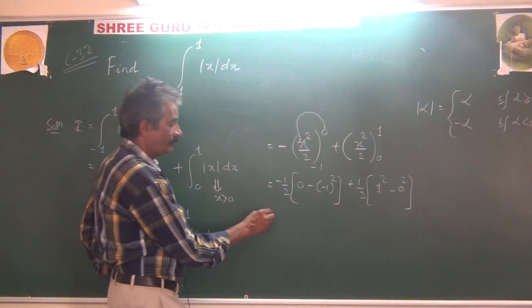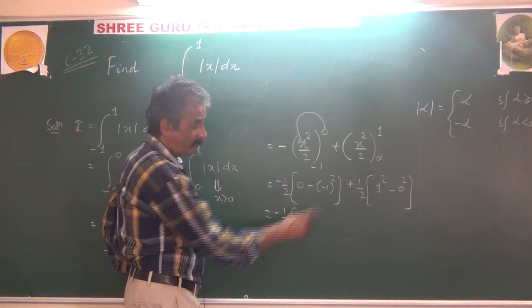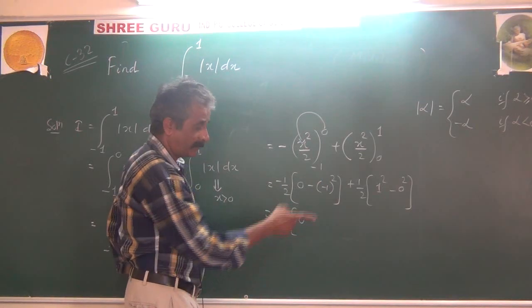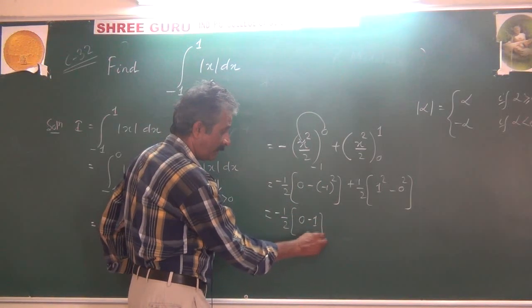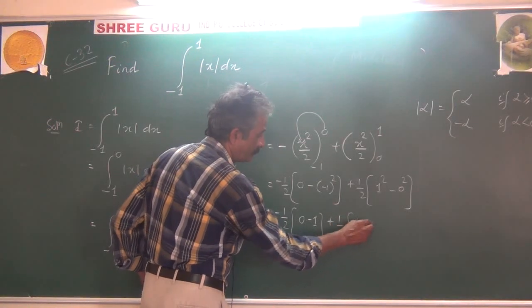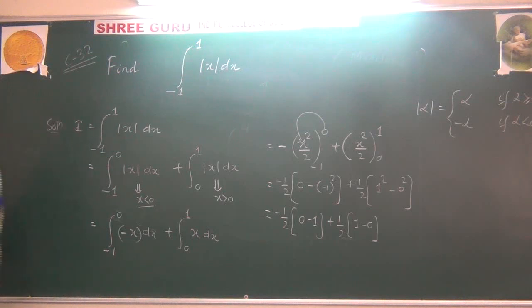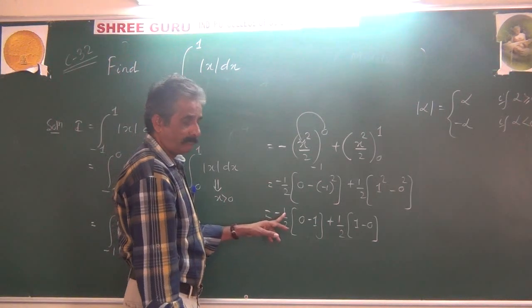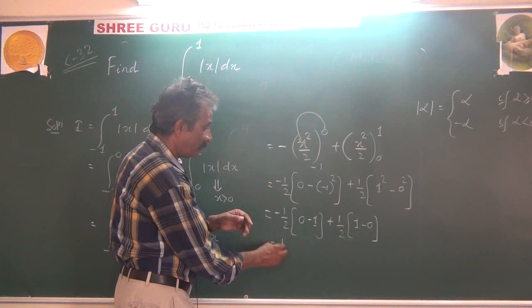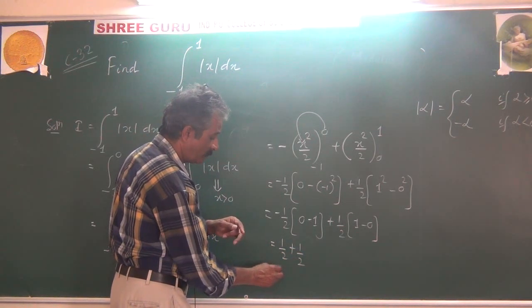Minus 1 by 2 into bracket 0 minus 1 square is plus 1, into minus is minus 1, plus 1 by 2 into 1 minus 0. So which is minus into minus, plus 1 by 2 plus 1 by 2. 1 by 2 plus 1 by 2 is 1.